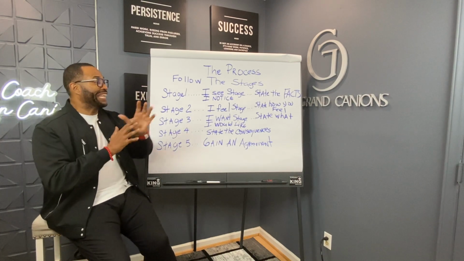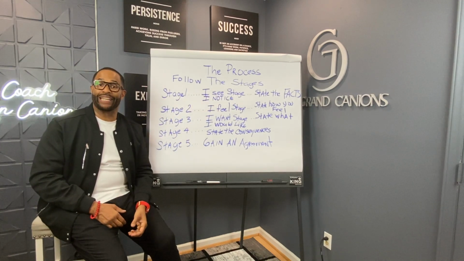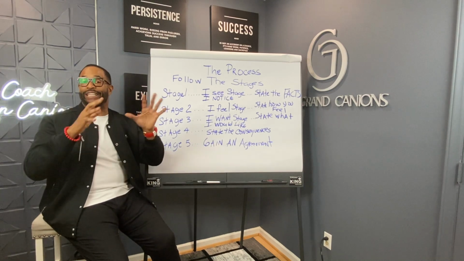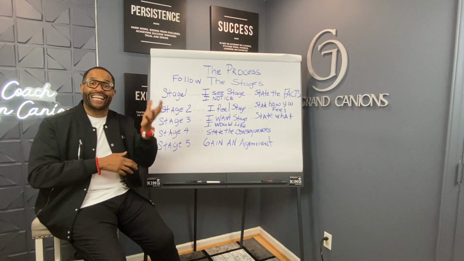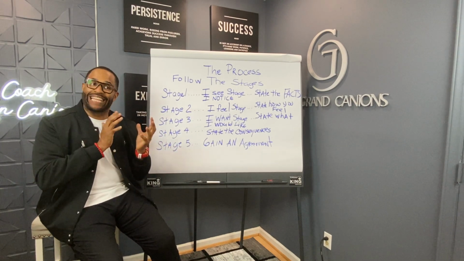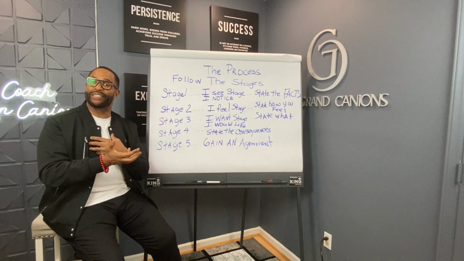Notice, first thing I did was state the facts. I used the analytical side of your brain. Then I switched over to the emotional side. I don't want to get into the mumbo jumbo, but first I used the neocortex, the analytical side of your brain. I stated the fact because people cannot refute or deviate from the fact. The fact is this. Here's what I noticed.